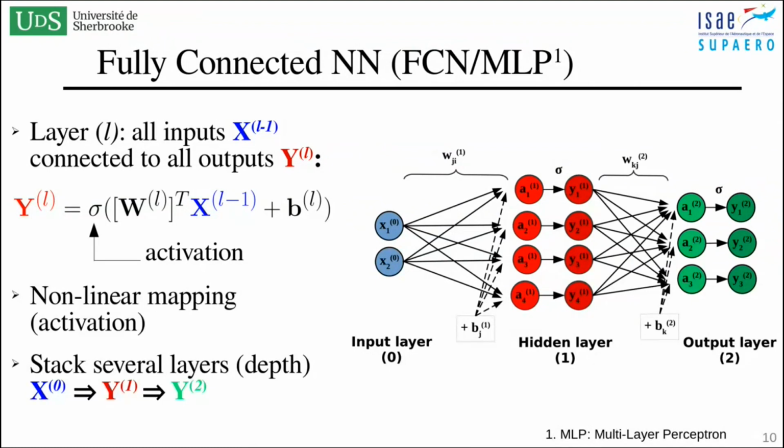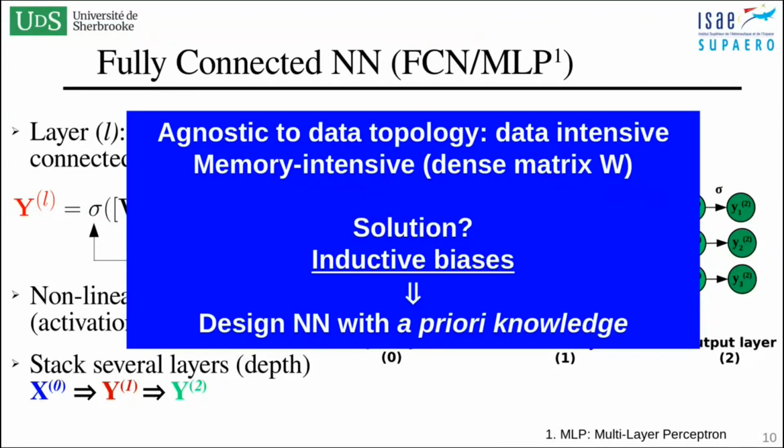Then we can stack several of these so-called layers together in order to increase the representational capacity, so the approximation capacity, of this surrogate model. The problem with this kind of neural network is that the inputs and outputs are agnostic to any topology in the initial data, because we have to use column vectors.